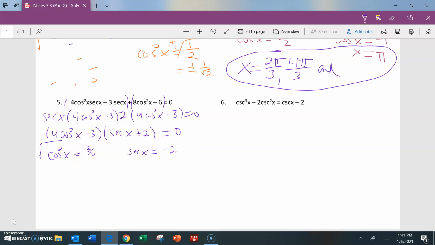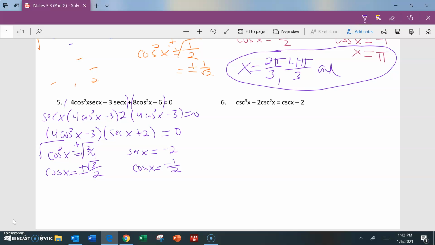If I square root both sides, I'm asking when will the cosine of x equal positive or negative radical 3 over 2? And if the secant of x equals negative 2, that means when will the cosine of x equal negative 1/2?